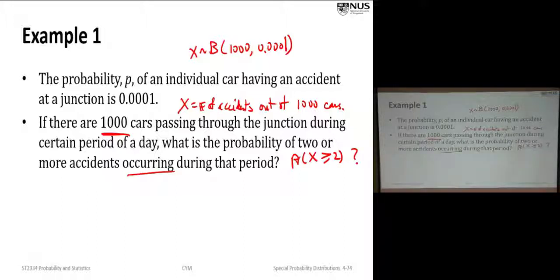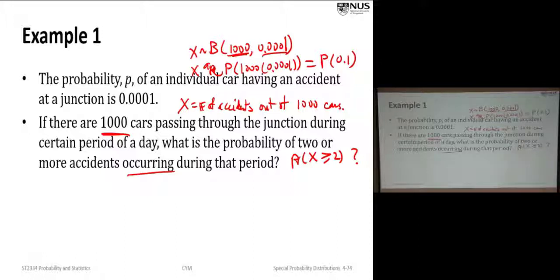All right, so you can use a calculator or a program to do it. But we also have another way to do it, which is to use the Poisson approximation, which gives you an approximate answer. Since n is quite big, it's 1,000, and p is quite small, and the product is still okay, x can be approximated by a Poisson distribution with parameter 1,000 times 0.001, which gives you 0.1.